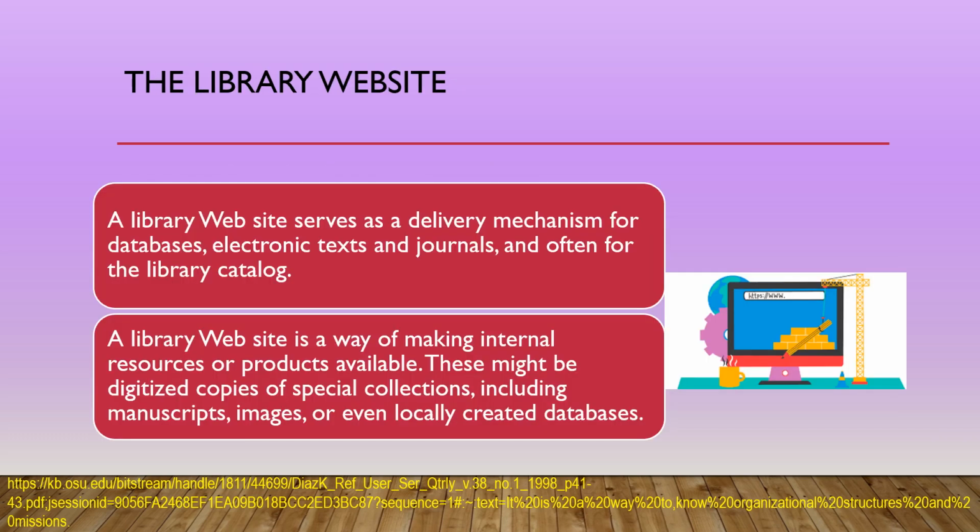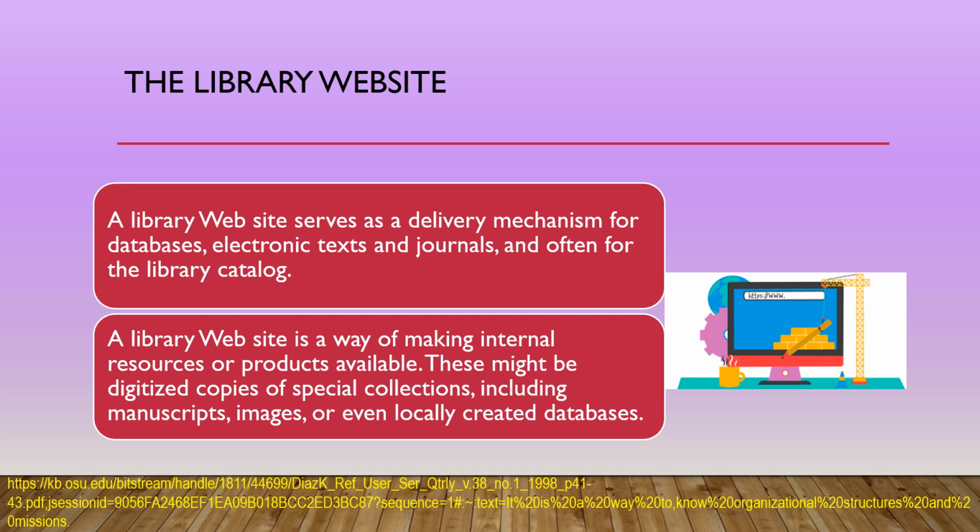In the role of library workstation, a library website serves as a delivery mechanism for databases, electronic text, and journals, and often for the library catalog. A library website also is a way of making internal resources or products available.